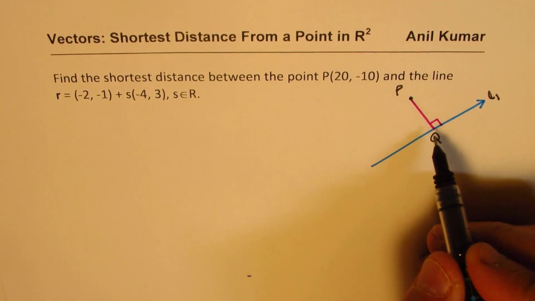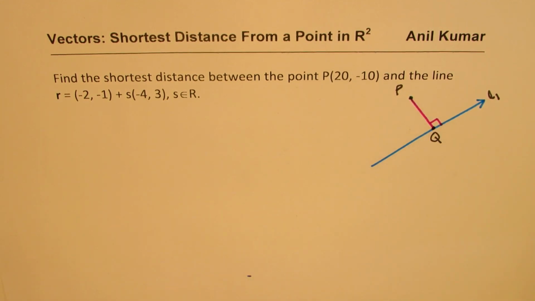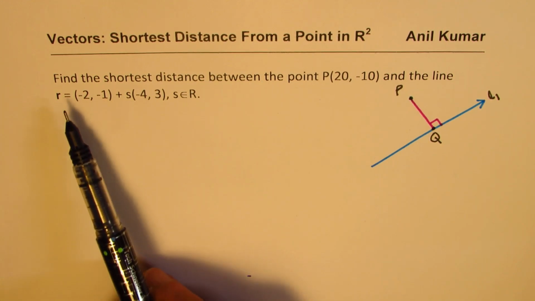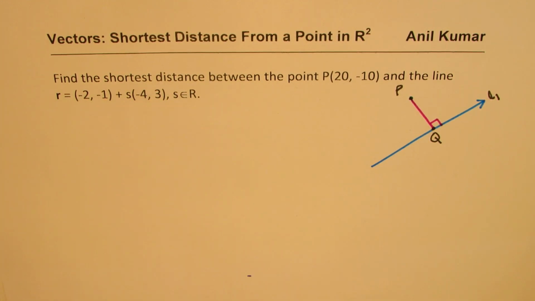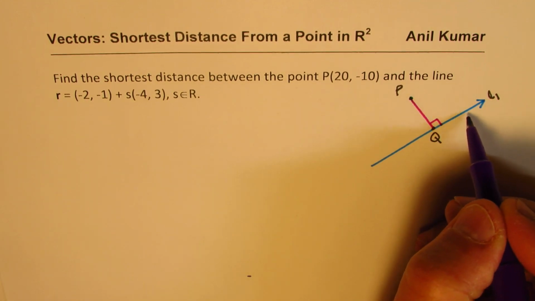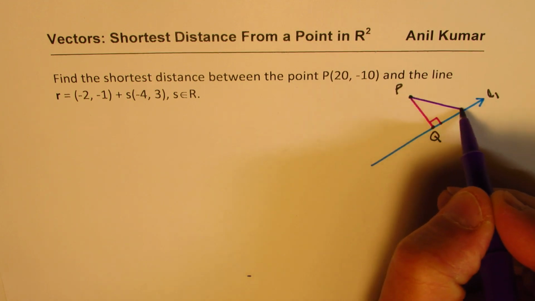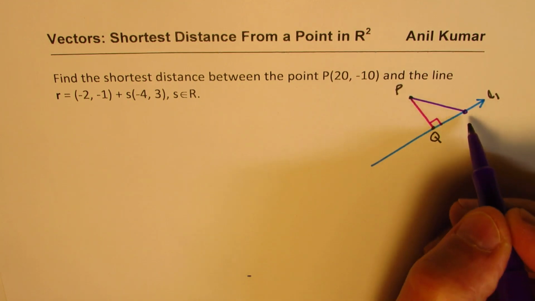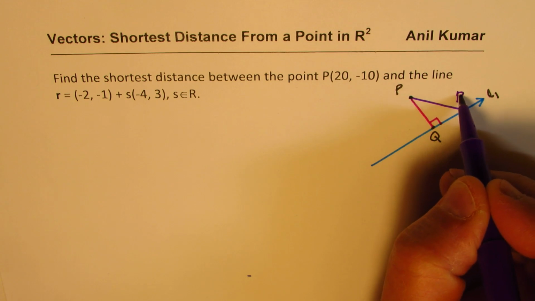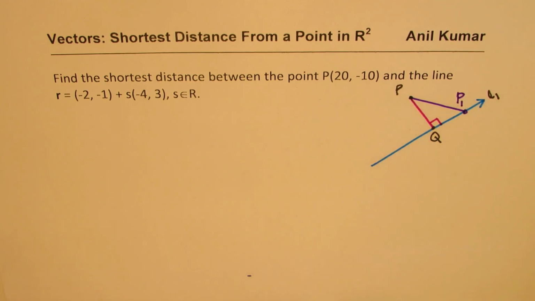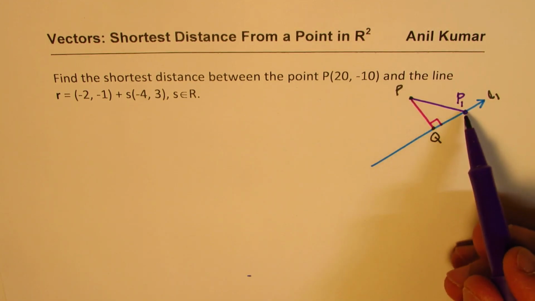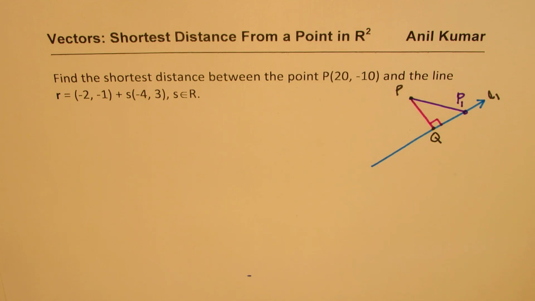Now how do we find this point Q? That is one question. However, here we have to find the shortest distance. So what actually we can do is we could take any point on this line, right? Let's say that is another point on the line. We call this point P1, a general point on this line.